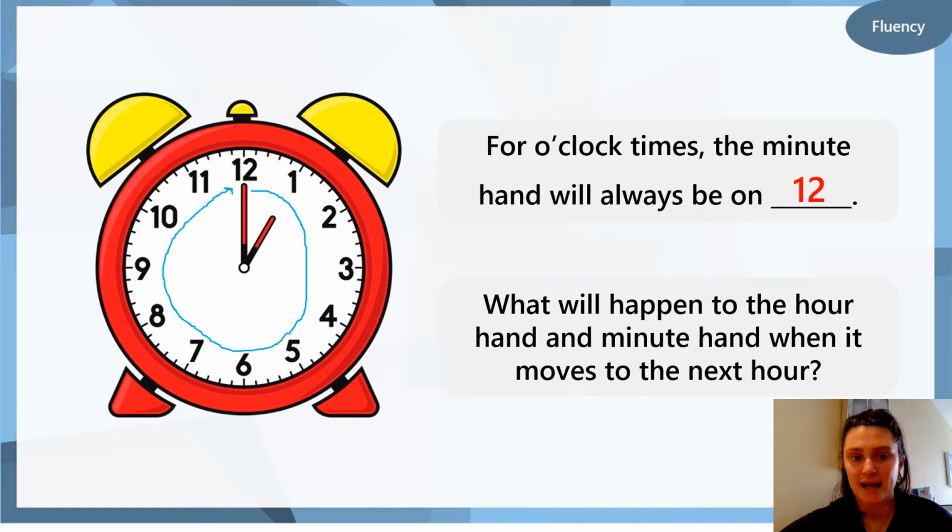And when this big hand gets back to 12 again, this small hand will only have moved to 2. So the big hand does a lot of moving. The small hand only does a little bit of moving. The big hand moves every, what's it called? The minute hand or the hour hand? The minute hand. Very good. The big hand moves every minute, and the small hand only moves every hour.